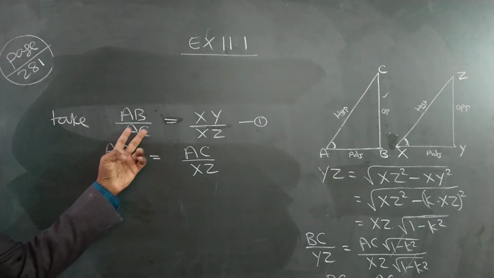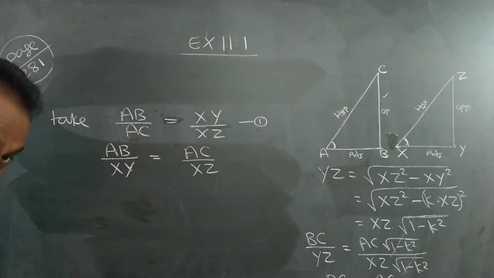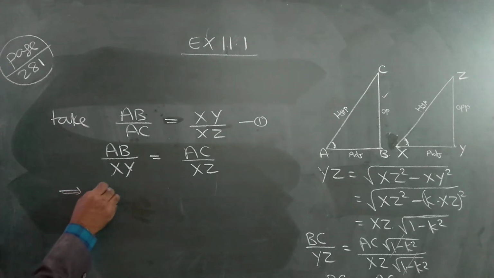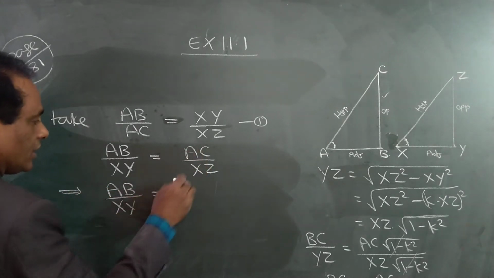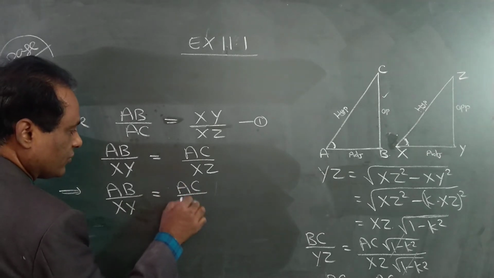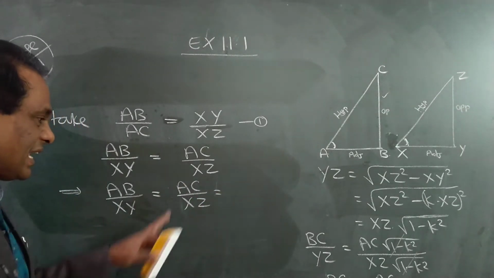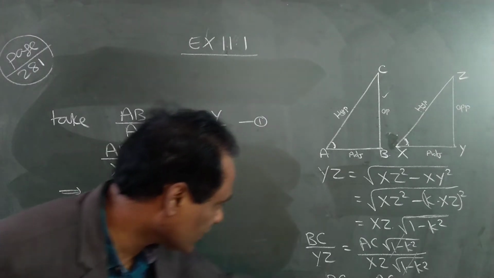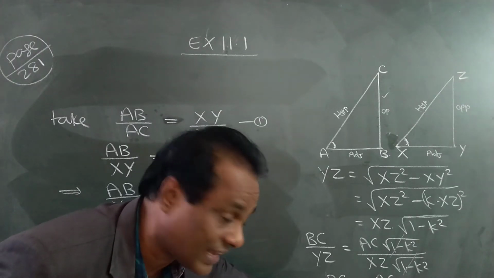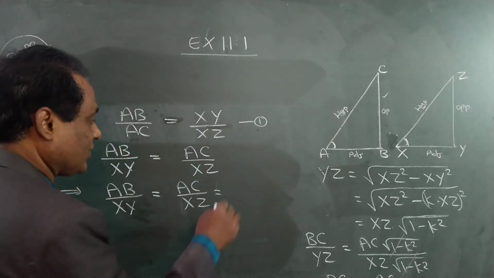This is in the denominator, it will go to the numerator. Next step. See here. Don't write. AB by XY is equal to AC by XZ. AC by XZ is equal to BC by YZ. See here. AC by XZ is equal to BC by YZ.